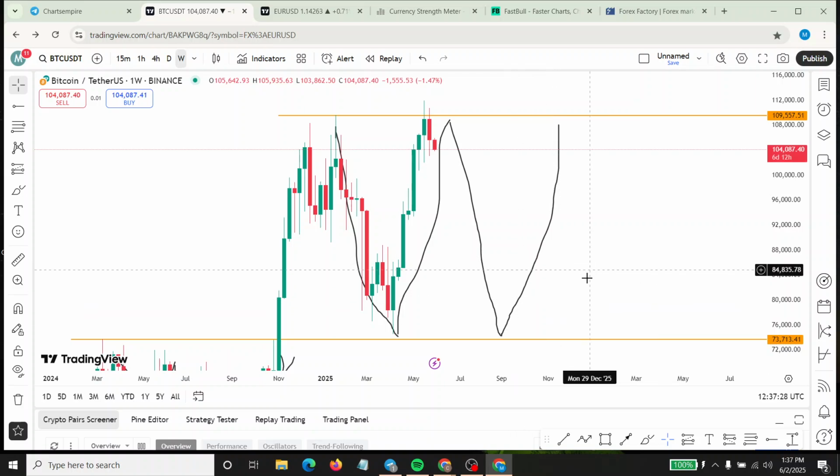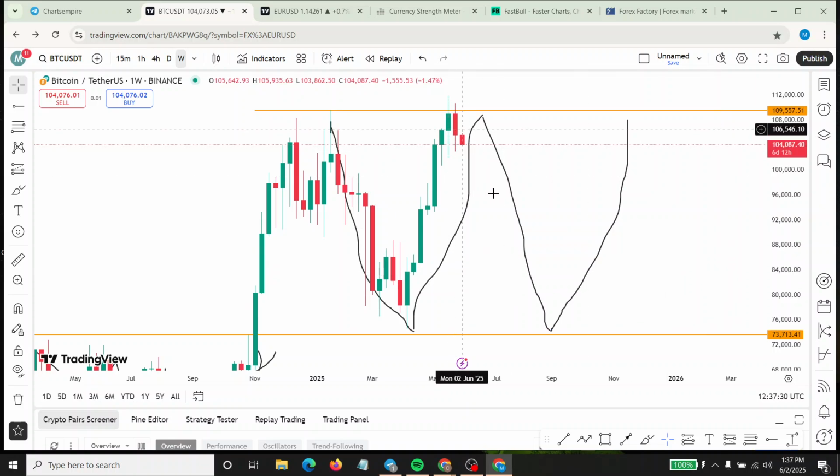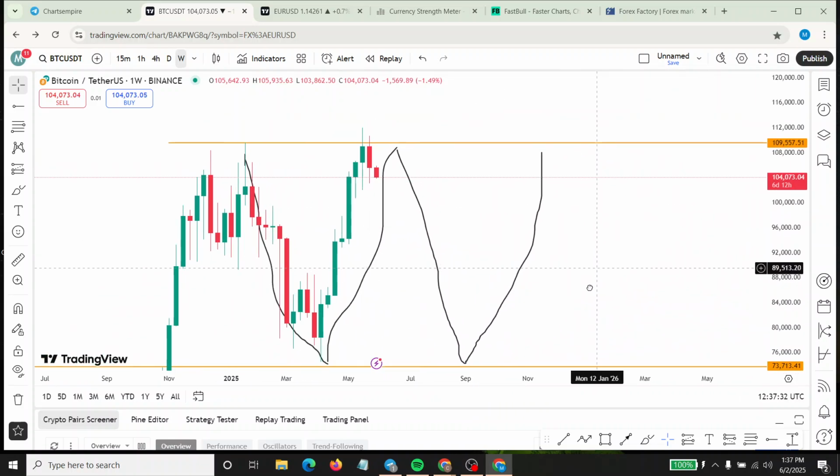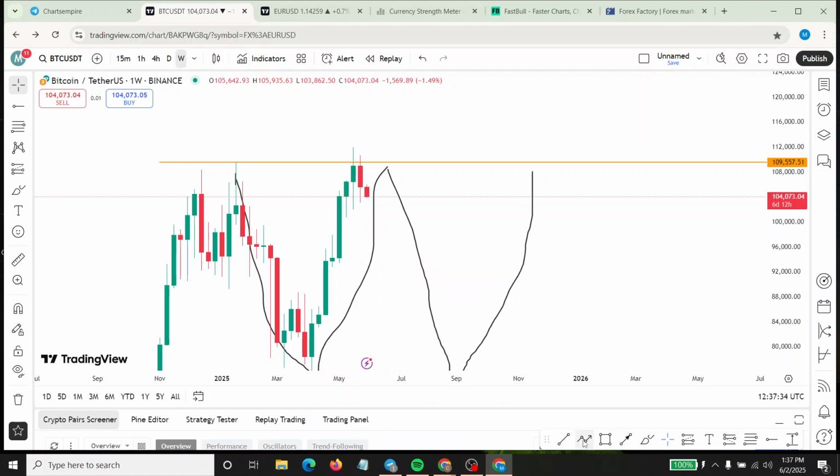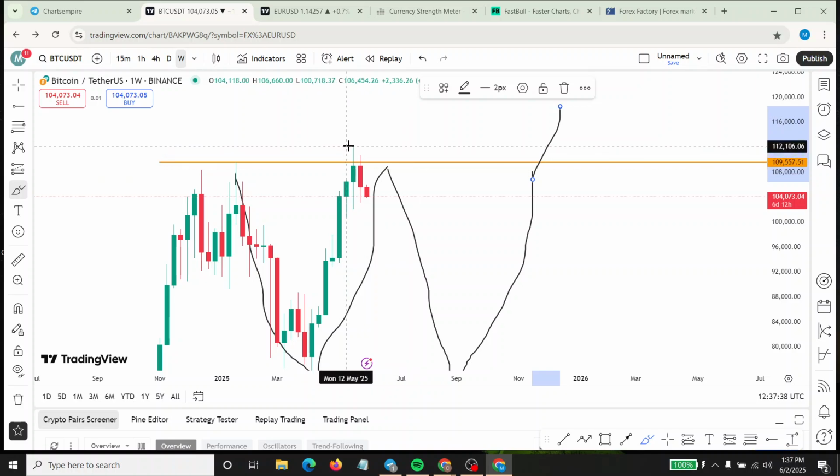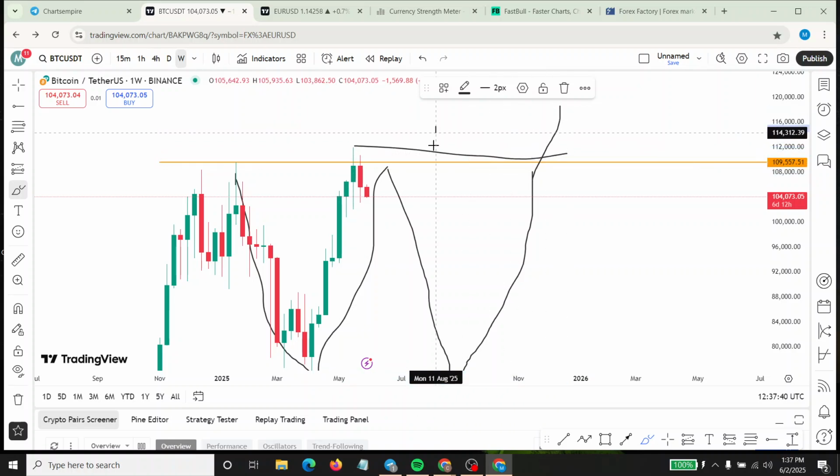Once the market tests this weekly support, we might eventually go all the way to a new higher high. Do we understand now?